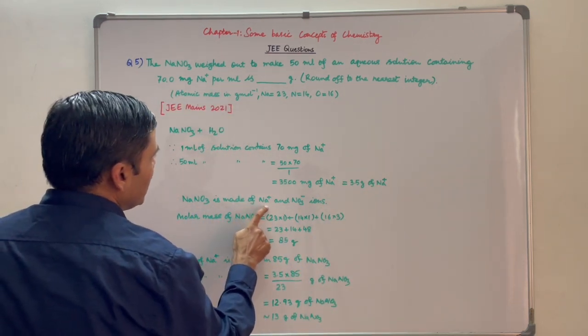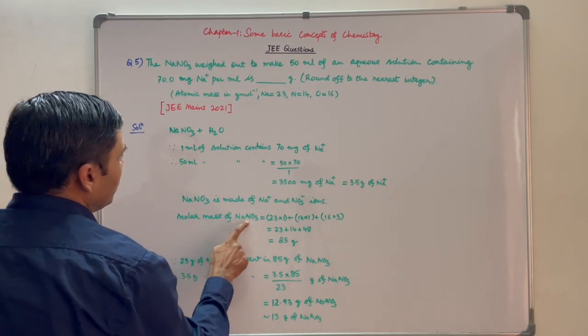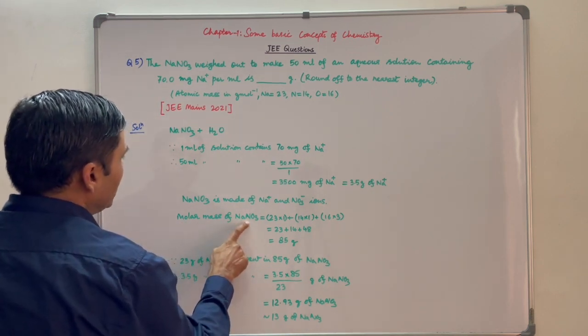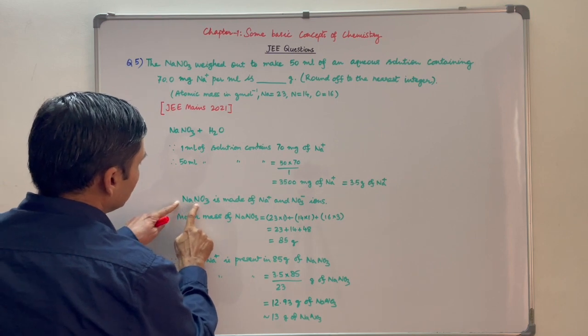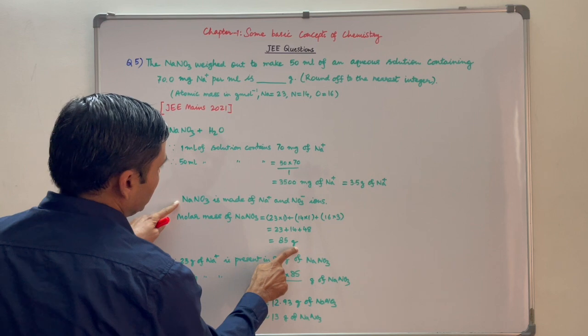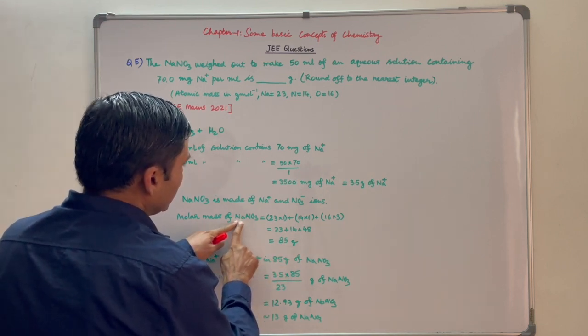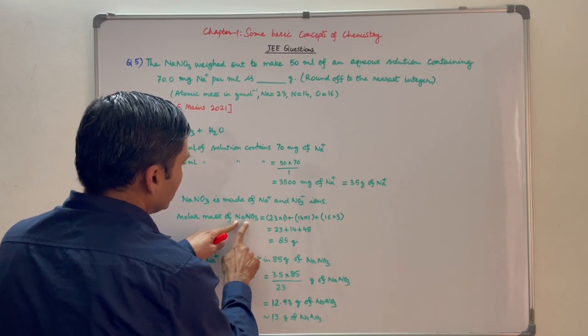NaNO3 is made of Na plus and NO3 minus ions. Let us calculate the molar mass of NaNO3, and that will be 23 into 1 plus 14 into 1 plus 16 into 3. That comes out to be 85 gram. 23 gram of Na plus is there in 85 gram of NaNO3.